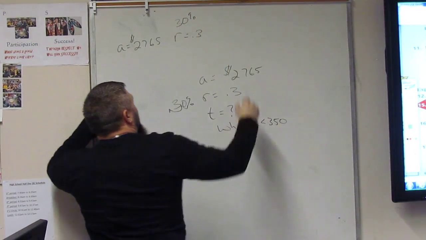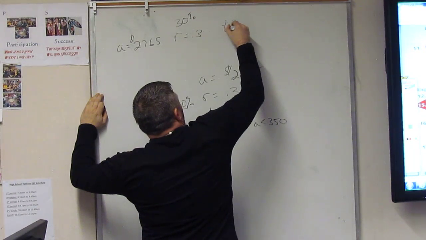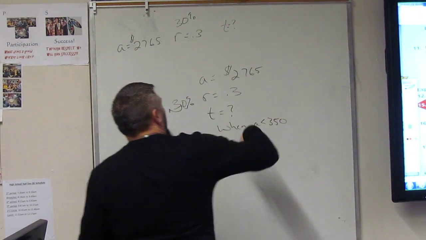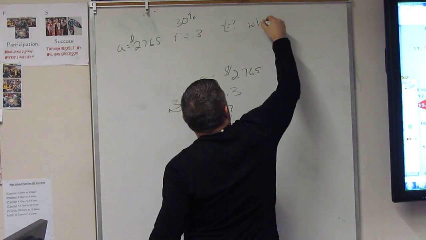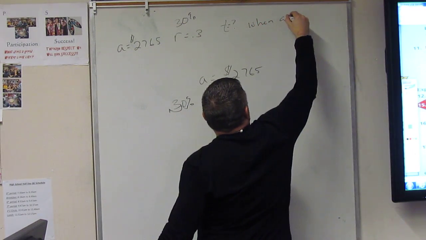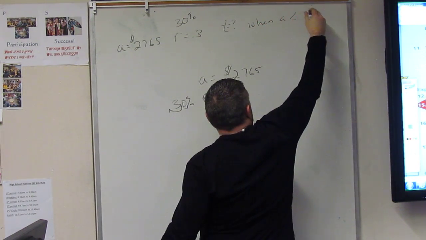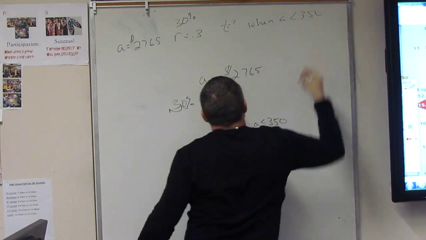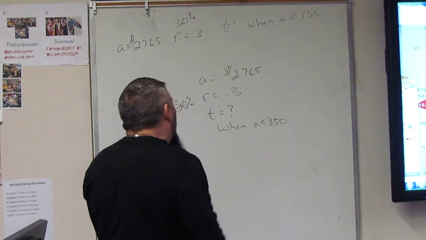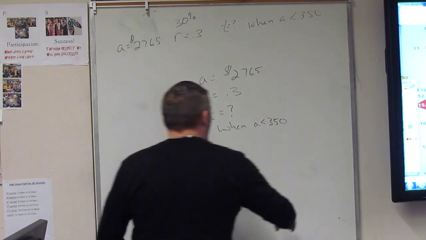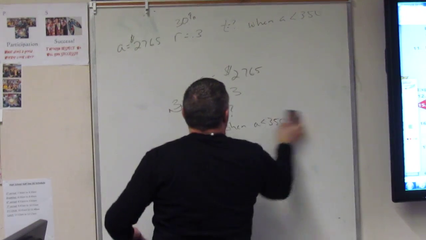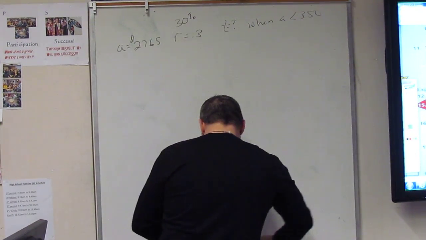T is what we're looking for, when A is less than 350. Now I have all that rewritten up here in a nice line so I can start thinking.